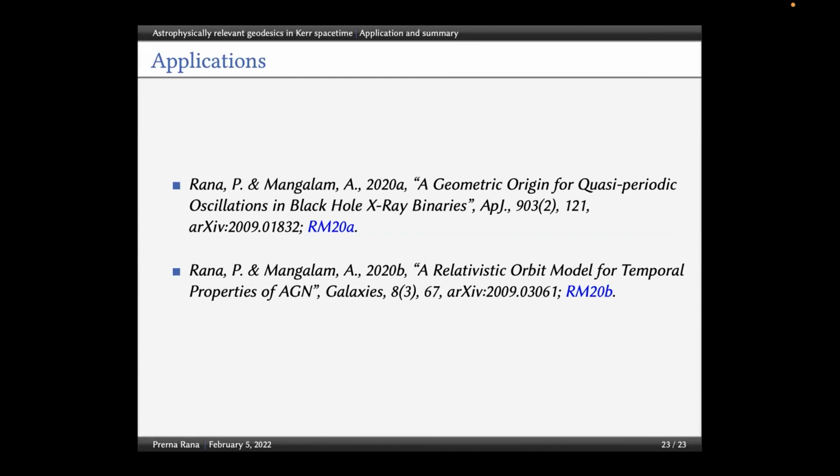If you keep the Carter constant positive but take the spin of the Kerr black hole to 0, what orbit do you get in that case? Is the range of theta anything? So you mean the spin of the black hole going to 0, but keeping the Carter constant positive? Then the Carter constant doesn't have a meaning.